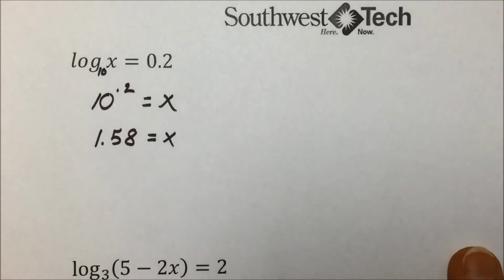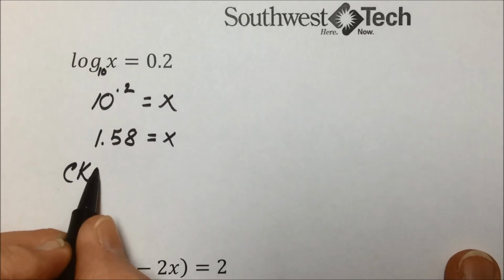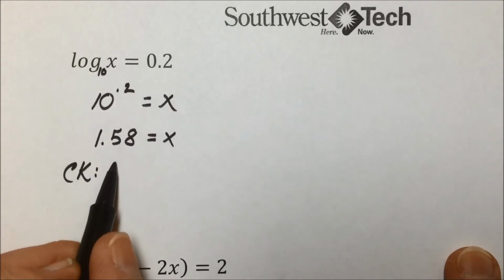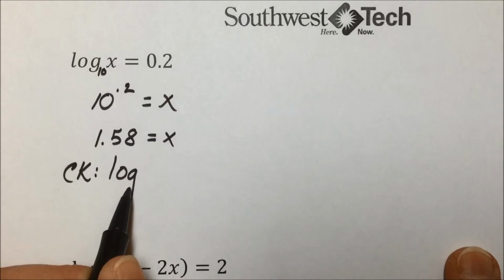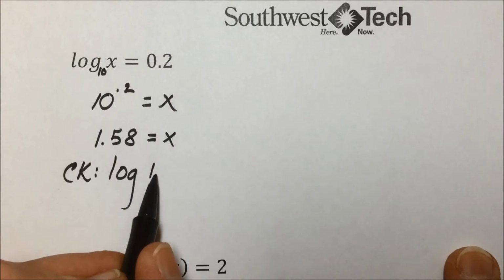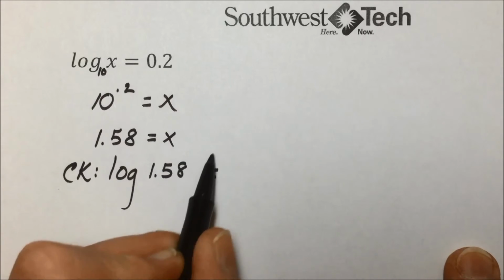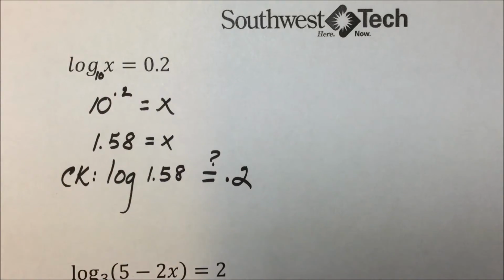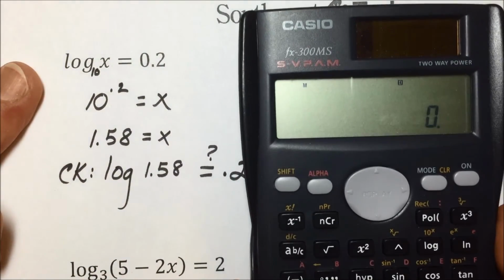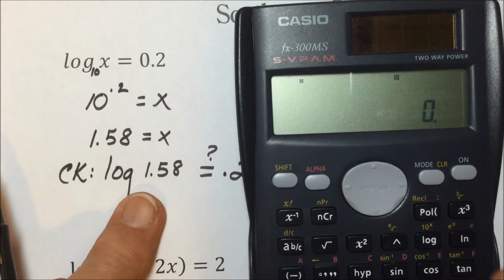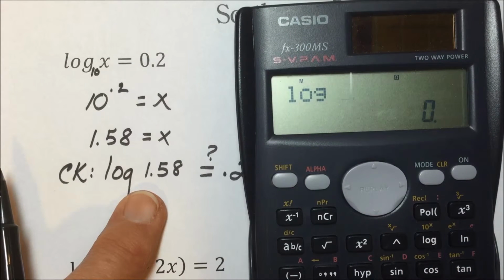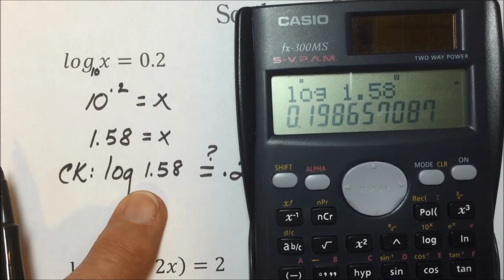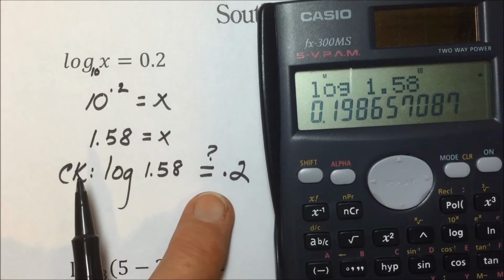For a check, just to illustrate that, we would be taking the common logarithm of our x, which is 1.58, and testing to see if we get 2/10. So using the calculator, the check is taking the common log of 1.58, is the result equal to 2/10?